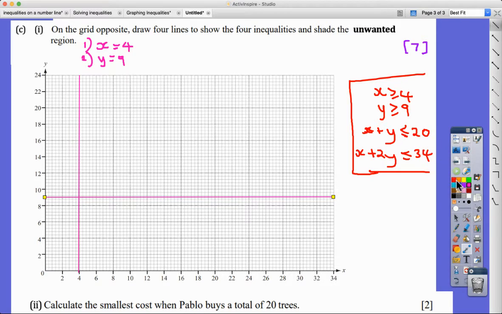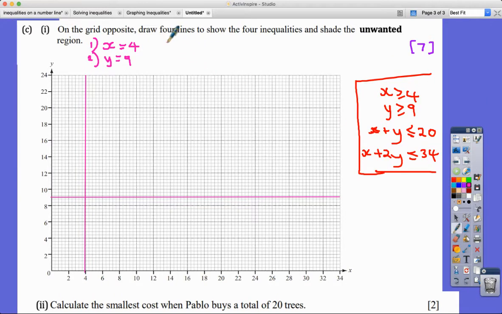Now this is where we get a little bit trickier, because the next one is x plus y equals 20. Again, I've just replaced the inequality sign by an equal sign. What I would suggest in this case, the easiest thing in my opinion, is to look for the y and x axis intercepts, and we do that by setting them equal to 0.